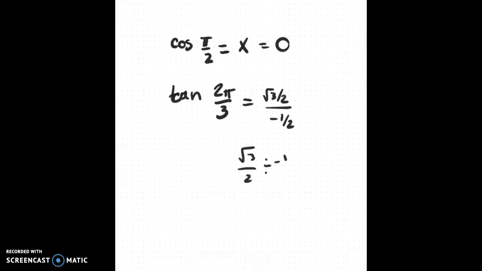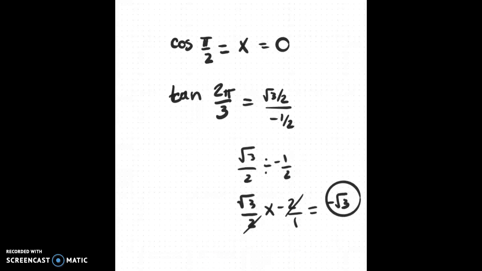Because if I write it like this, then I can see what I'll do: when I divide a fraction, I keep the first fraction the same, and I flip and multiply the second. So I flip this to negative 2 over 1. The 2's will divide out, leaving me with negative square root of 3 over 1, which is just negative square root of 3 as my answer. So the tangent of 2 pi over 3 is negative square root of 3.